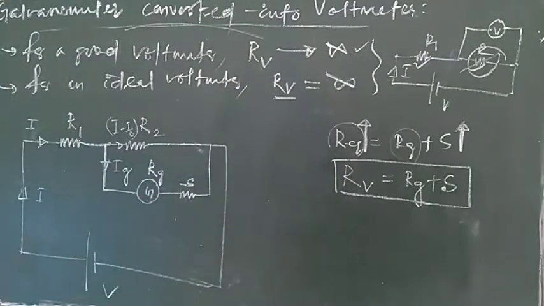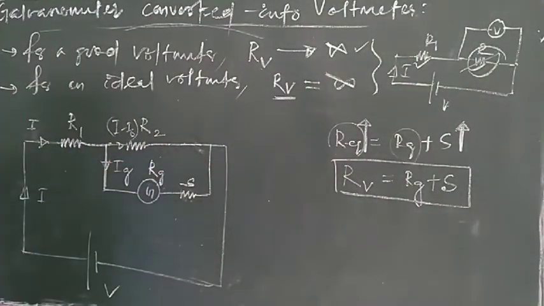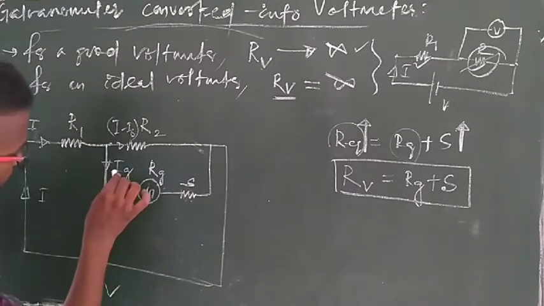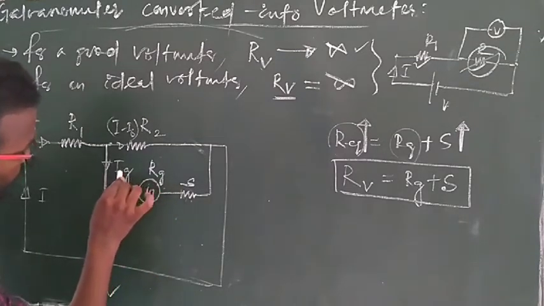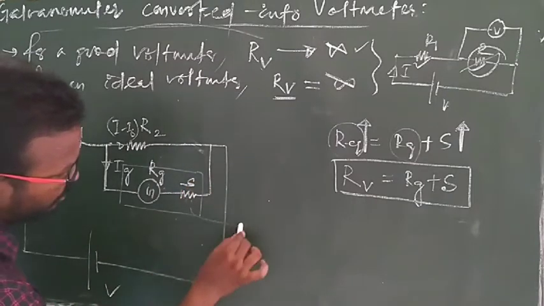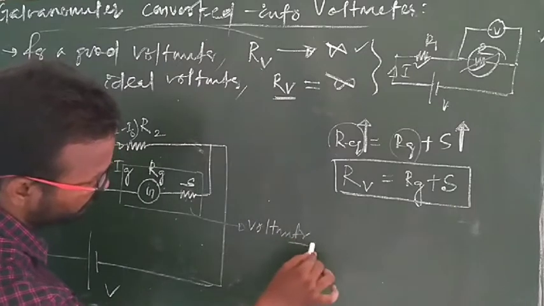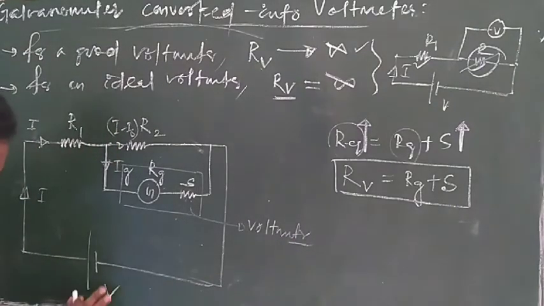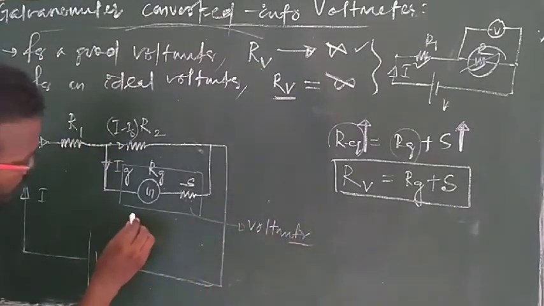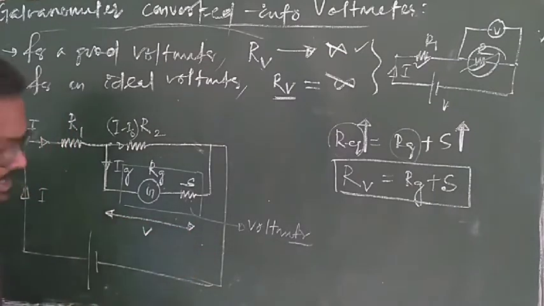Clear? So here I minus Ig flows through R2, and this total setup is known as a voltmeter. Clear? Suppose the voltmeter shows the potential V.